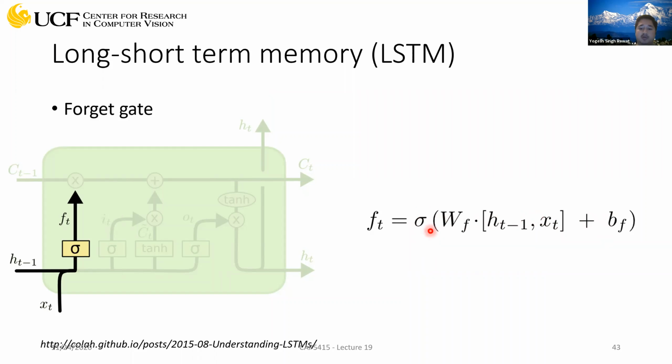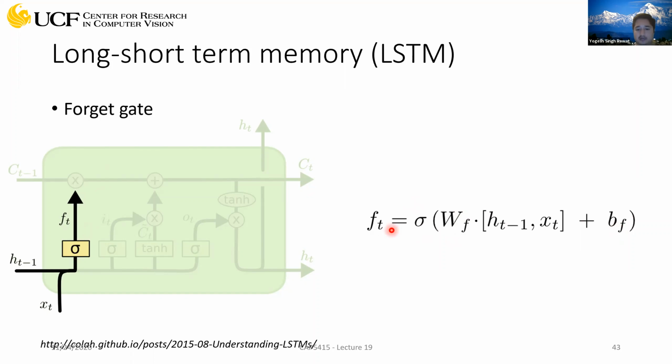Sigmoid, you remember, transforms the activations to between 0 and 1. In the ideal scenario, all the locations which you don't want to keep, you will make 0, and all the information which you want to keep, you will make 1. So the output of this activation should be either 0 or 1, and that's the ideal case. Of course, that will not happen exactly. You will get values between 0 and 1, but that's the ideal scenario.